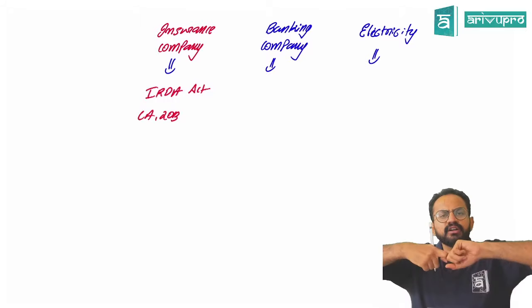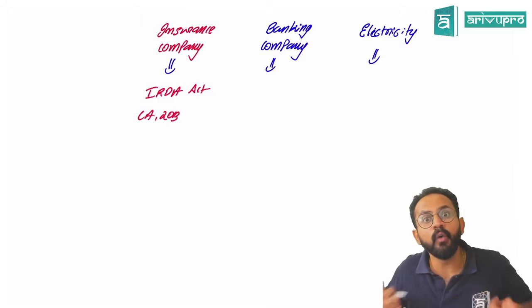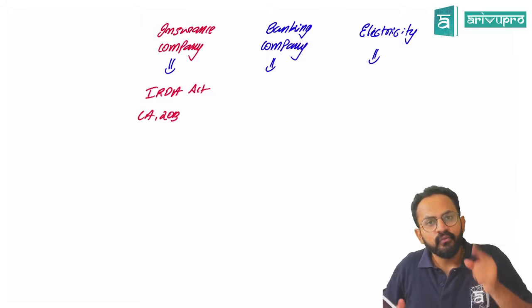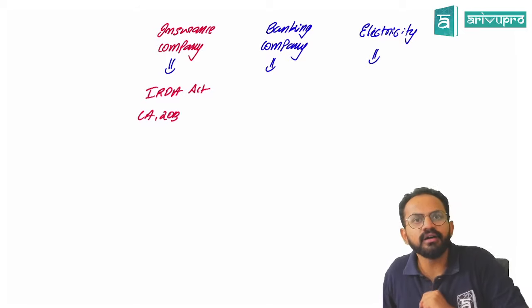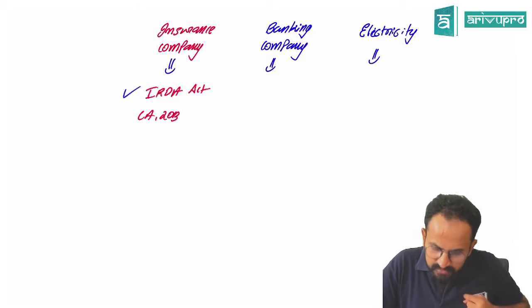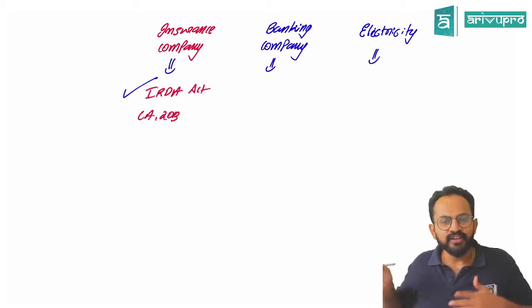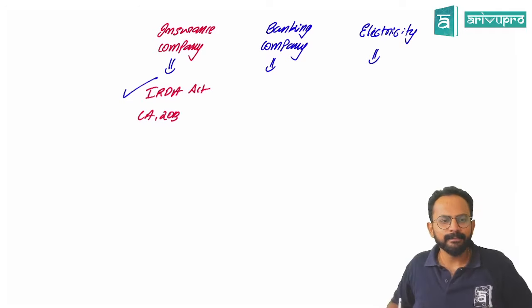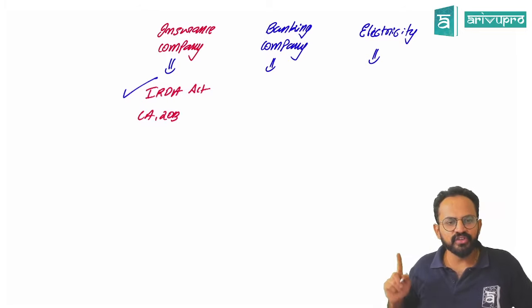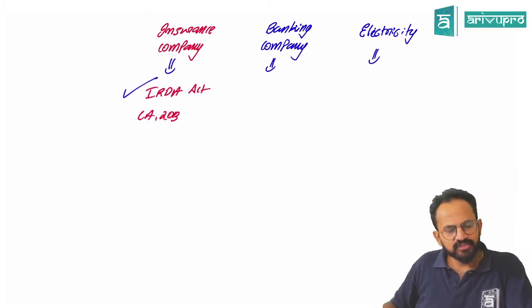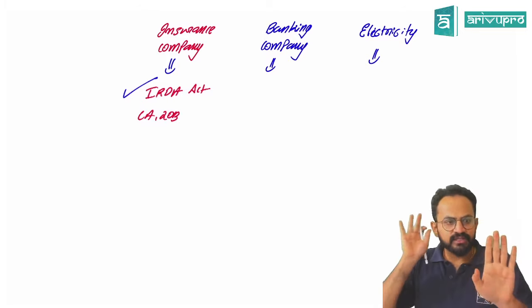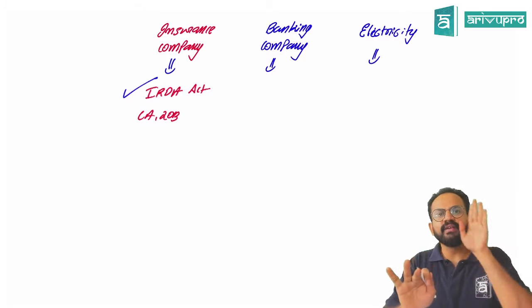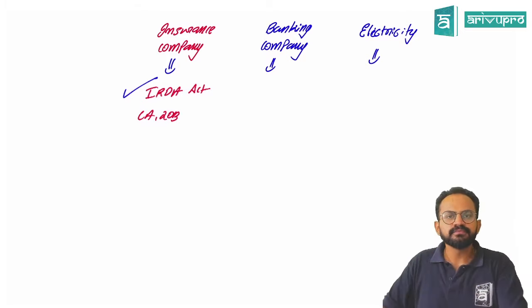There is a contradiction. Now what do I do? Whenever there is a specific law, follow the specific law. That is what the law says. Is this clear? Applies to all these three. Whenever there is a general thing and a specific thing, always give importance to the specific thing.